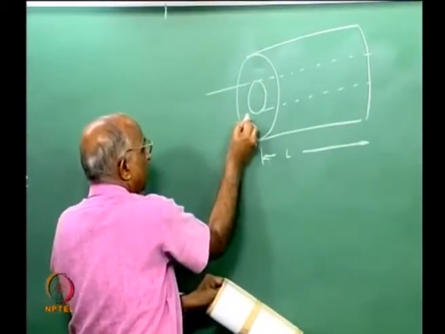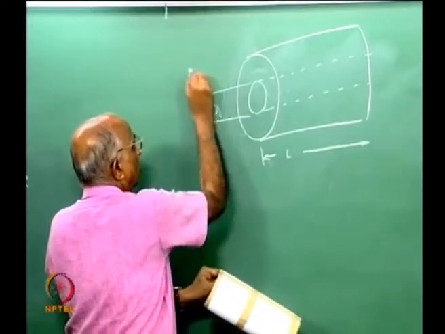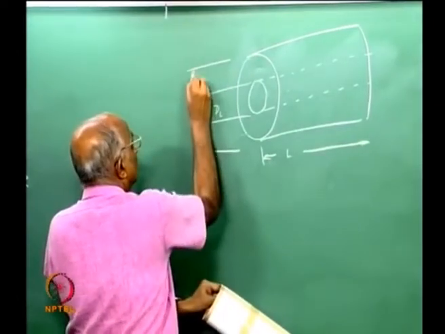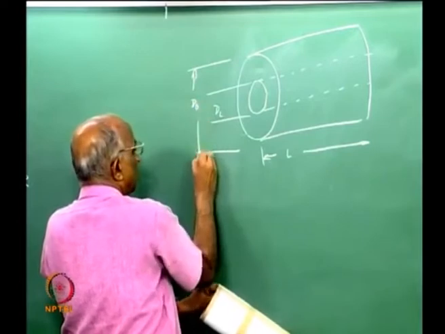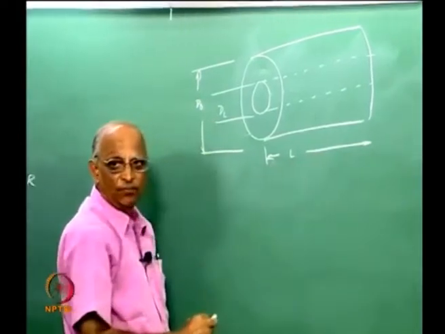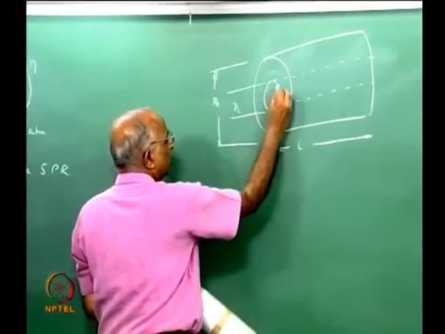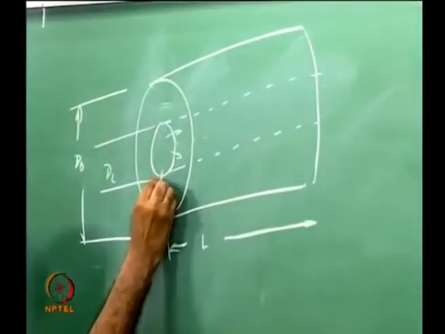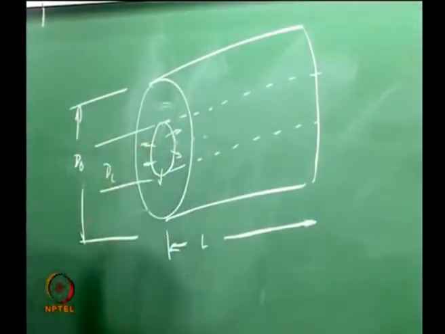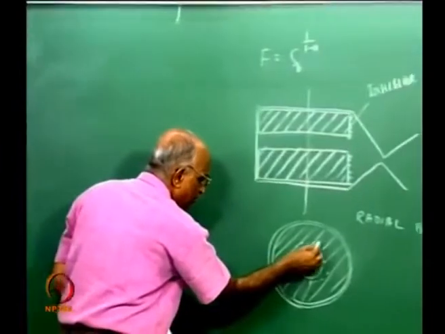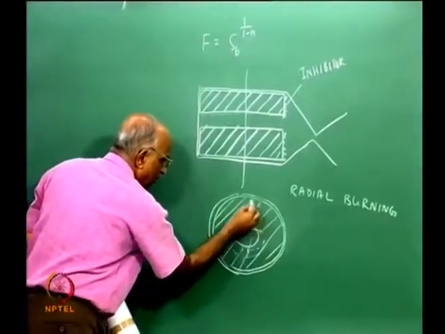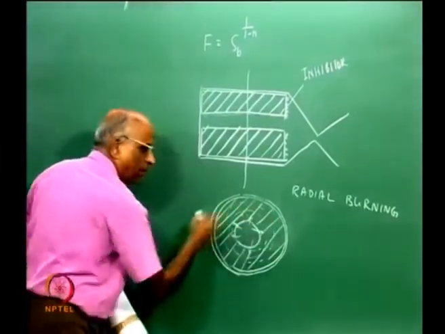This has inner diameter di, outer diameter is do, and the length of the propellant grain is L. Now, how does the burning take place? It takes place like this, normal. In other words, burning proceeds and I have burning over here.